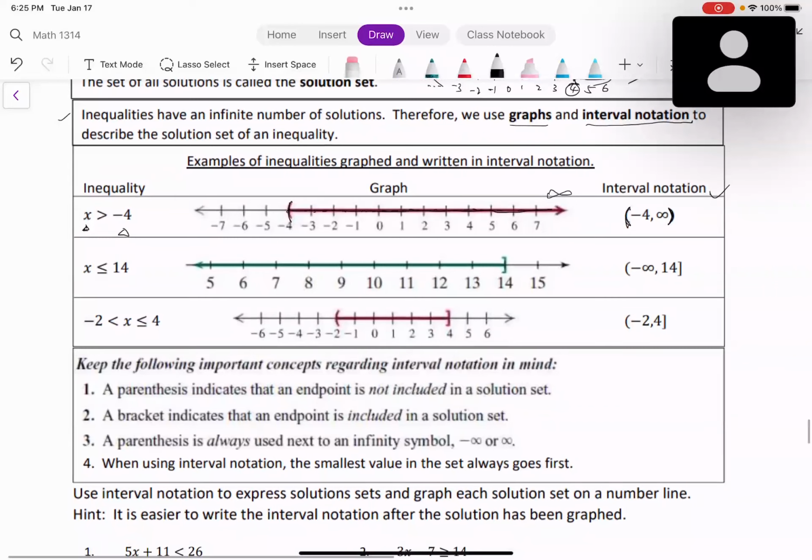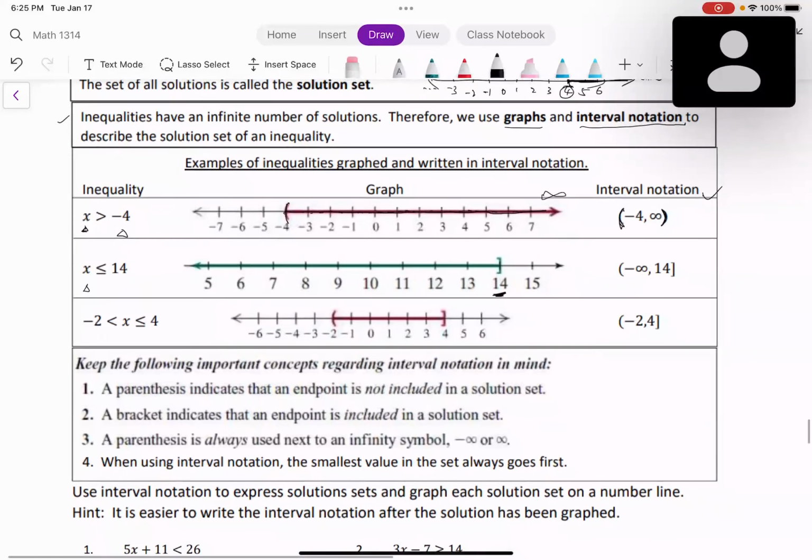Next one, if we want to express x is less than or equal to 14, let's find 14 first. 14 is here, and 14 is included. It's a part of the solution because it has the equal sign. So we use brackets, everything including 14 on the left-hand side of 14.